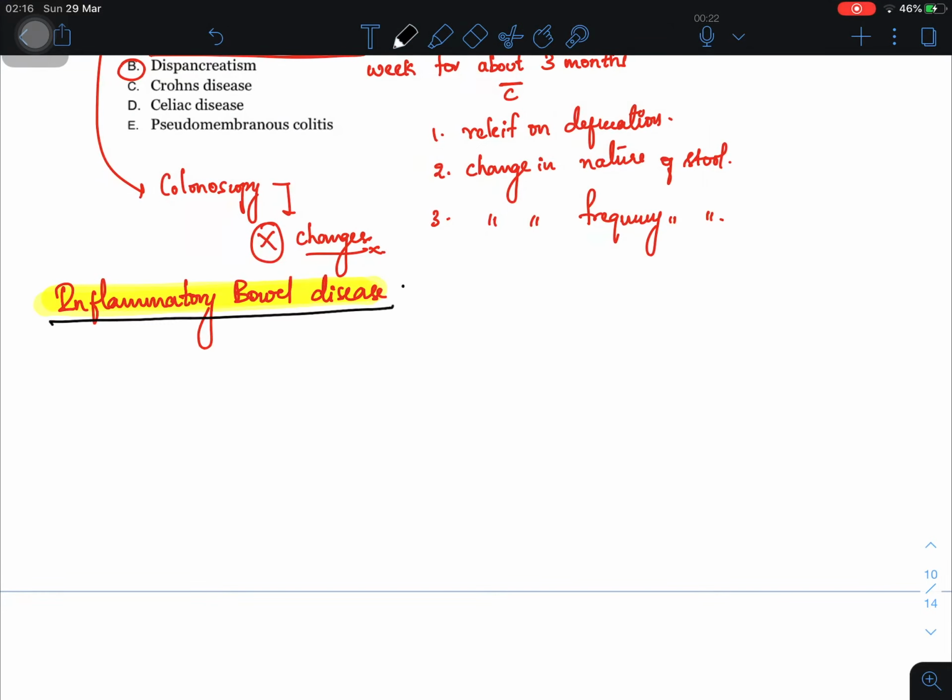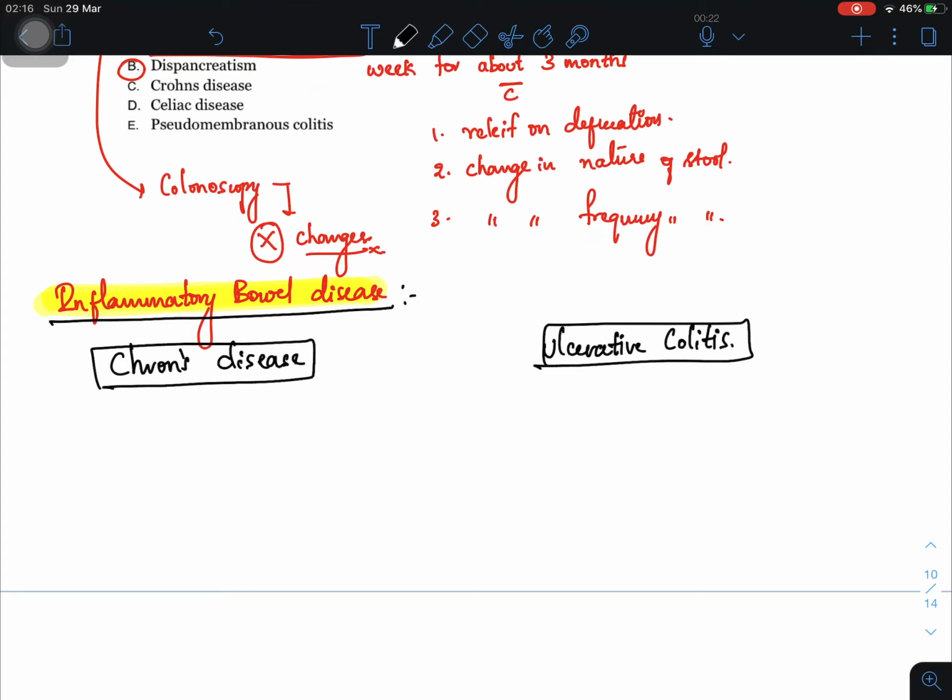Now what is this inflammatory bowel disease? In inflammatory bowel disease, you have got two things. One is called Crohn's disease, and another one is called ulcerative colitis.